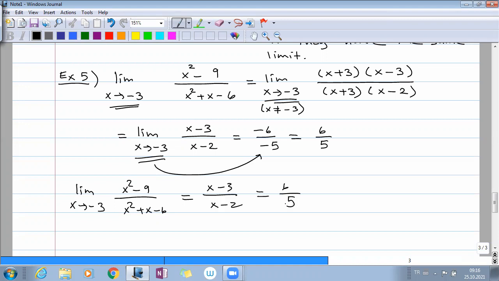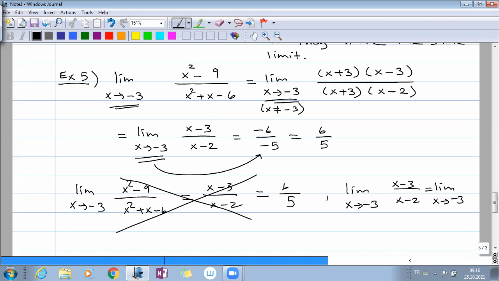This is something we see a lot on papers. Or this is again not true. The limit itself is 6 over 5. Well, okay, it is true, but not in this order.